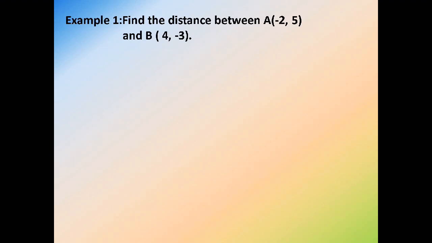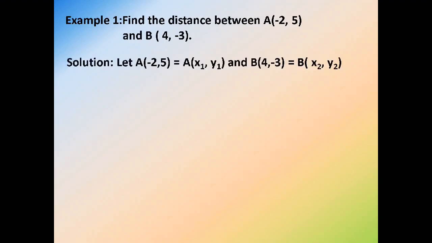Let us take a look at our first example. Find the distance between A, represented by negative 2, 5, and B, which is represented by 4, negative 3. So we can let A be x sub 1, y sub 1 as given, as well as B be x sub 2, y sub 2.